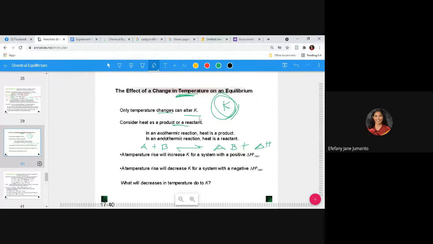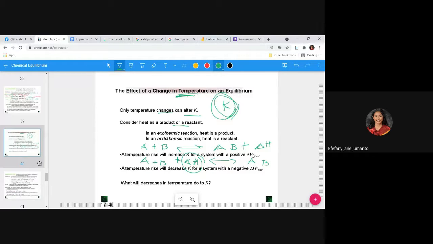If this is an endothermic reaction, and we have A plus B plus heat, H, then that will be AB. So this is endothermic: heat is used in order for the reaction to proceed.